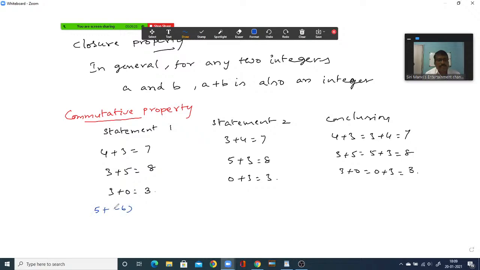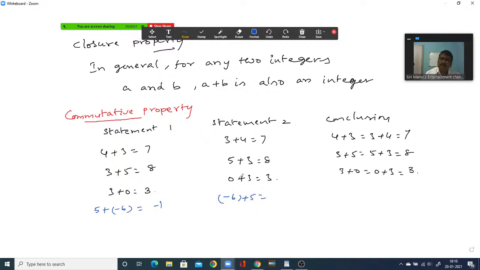5 plus minus 6. Here two numbers with different signs. First you have to do 6 minus 5, which is equal to 1. Then here 6 has a minus sign, that's why we have minus 1. Next, minus 6 plus 5.